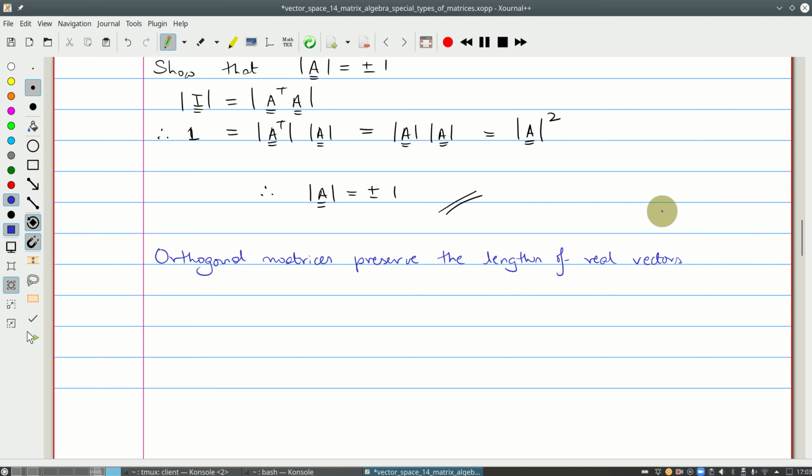That means a rotation, since a rotation matrix is an orthogonal matrix, doesn't change the length of the vector, it just changes the direction. Okay, we've taken it for granted, but let's show it over here. So what is the length of a vector? It's the norm. The norm of vector x is its length, and that's defined as the square root of x with x. Now, for the purposes of this proof, I prefer not working with the square root of something. I prefer working with the norm squared. So what we're going to use is the norm squared, and we don't have the square root in here.